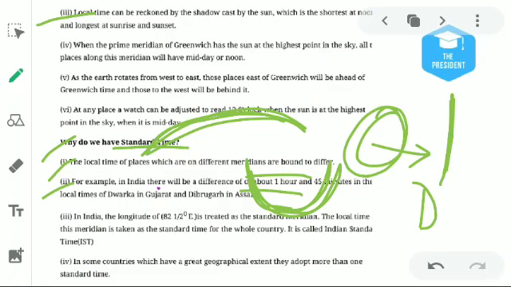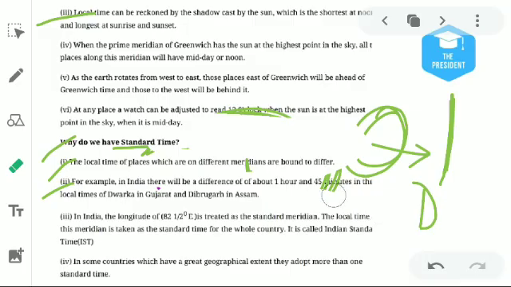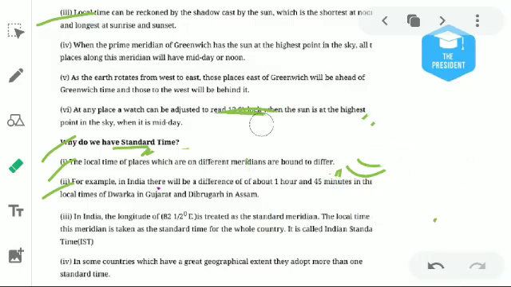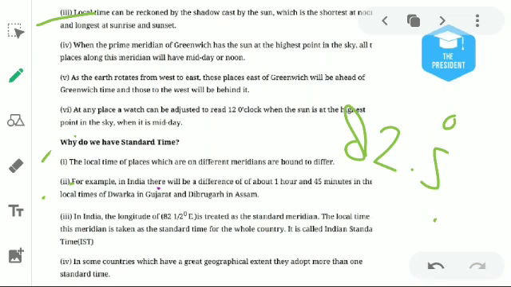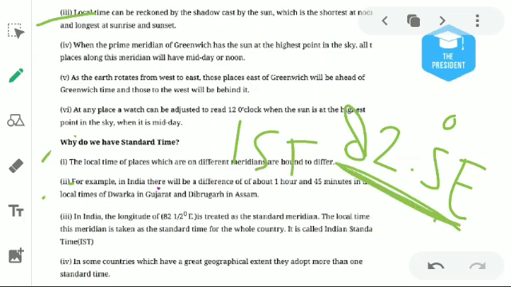For example, our country India has chosen 82.5 degree east longitude as the IST, Indian Standard Time. Basically, by this line we decide the time in our country.